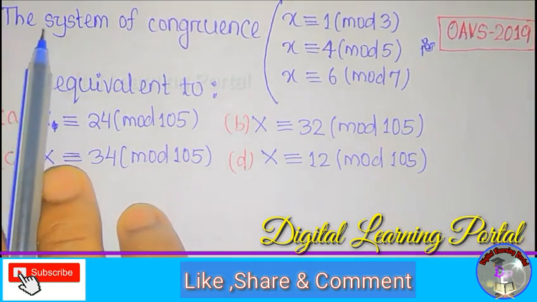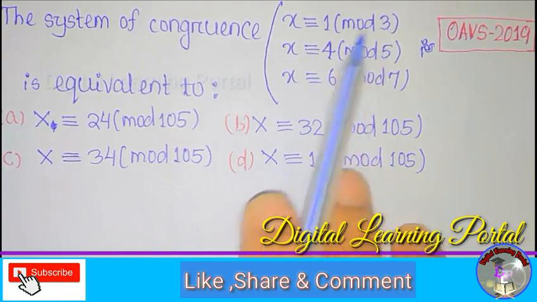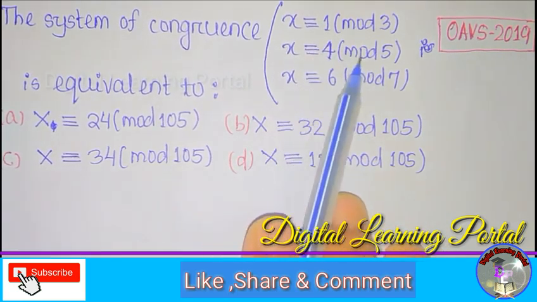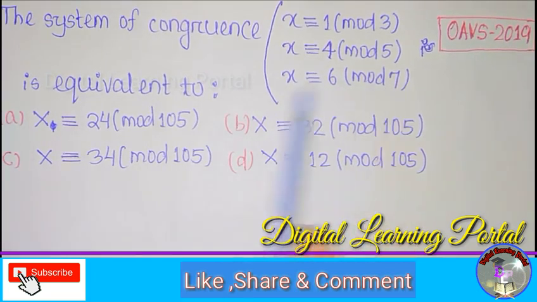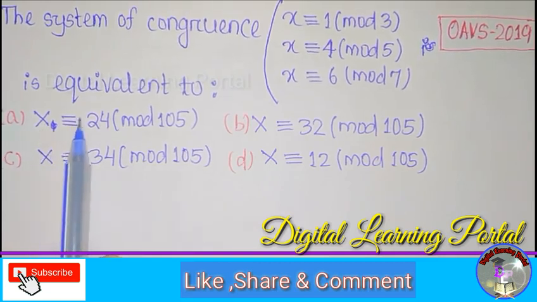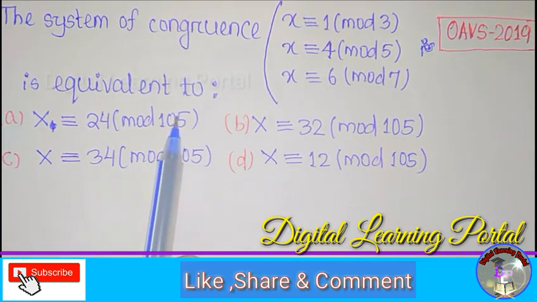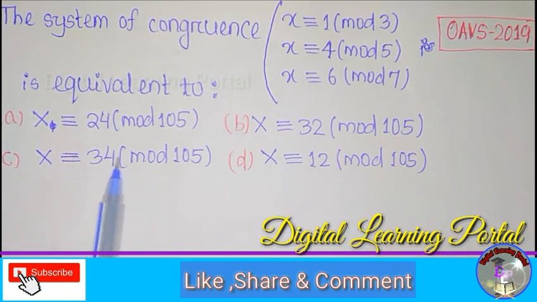The question is: the system of congruence x congruent with 1 modulo 3, x congruent with 4 modulo 5, x congruent with 6 modulo 7 is equivalent to dash. Options are x congruent with 24 mod 105, x congruent with 32 mod 105, x congruent with 34 mod 105, or x congruent with 12 mod 105. Which one is the correct answer?